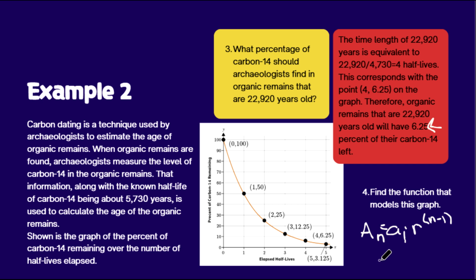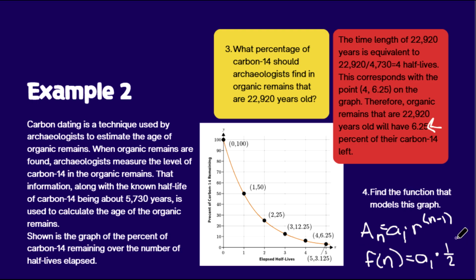So I'm guessing we're going to change it to a function. So it's f of n is equal to a sub 1, whatever that is. It's going to be whatever is at 0, 100, times the rate of change, 1/2. Multiplying by 1/2 is going to cut it in half every time.